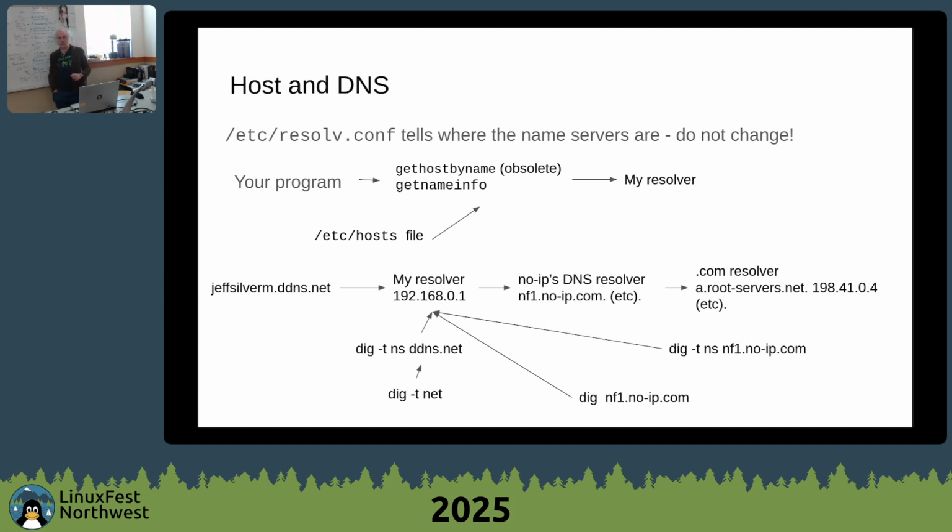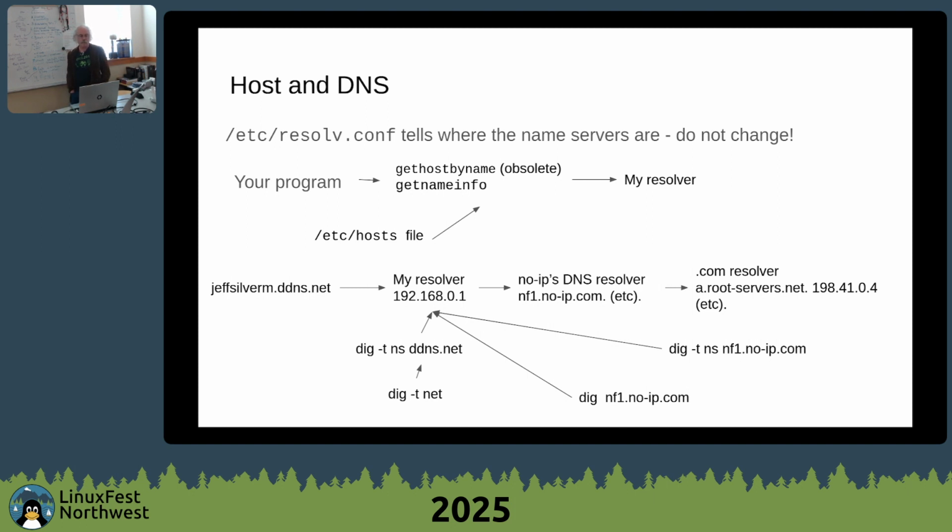If it doesn't, then it's going to have to go to the root name servers. It has to first go to a resolver for the .net top level domain to find out who is the name server for ddns.net.